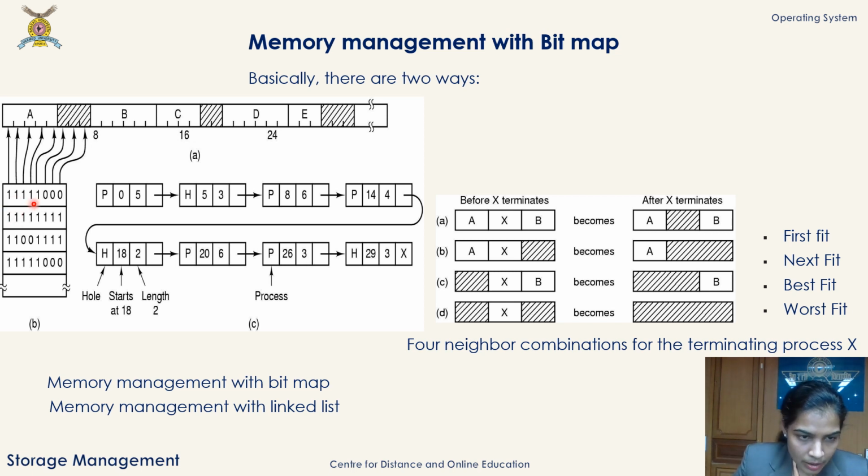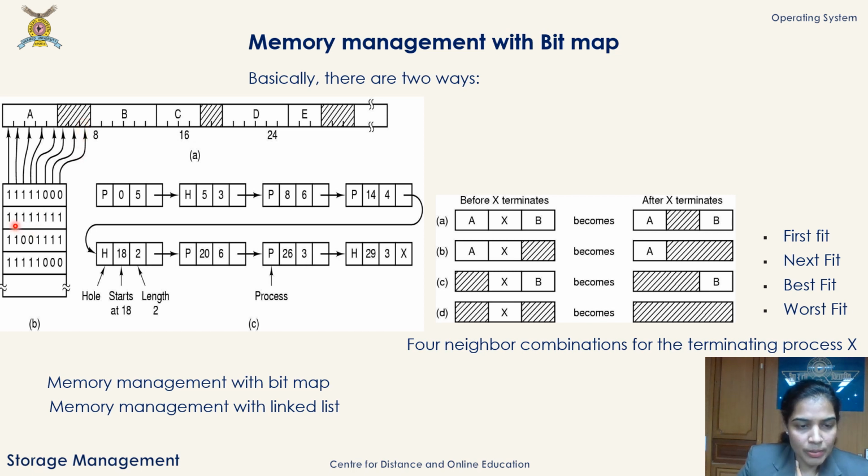We can see there are five contiguous 1s in the bitmap table. They denote process A. So process A has occupied 5 allocation units in memory. After that, you can see there are 3 zeros. These 3 zeros indicate this area, so we have 3 allocation units that are free, unoccupied.